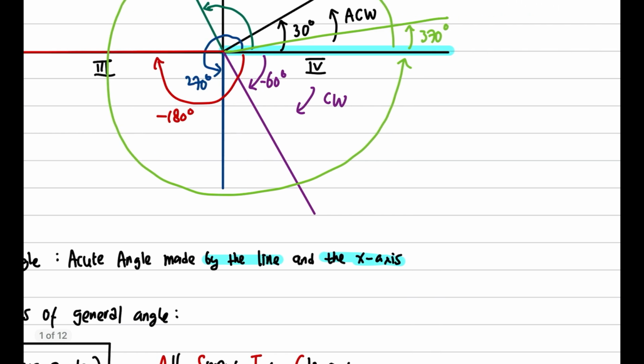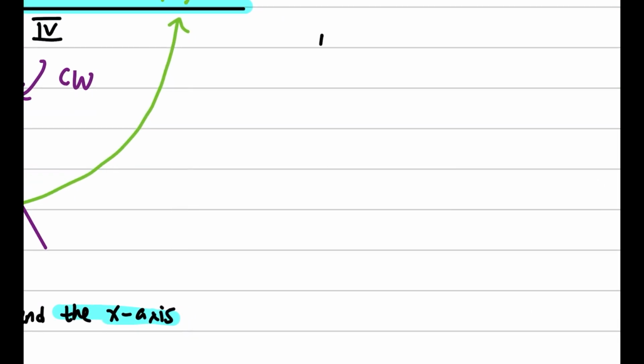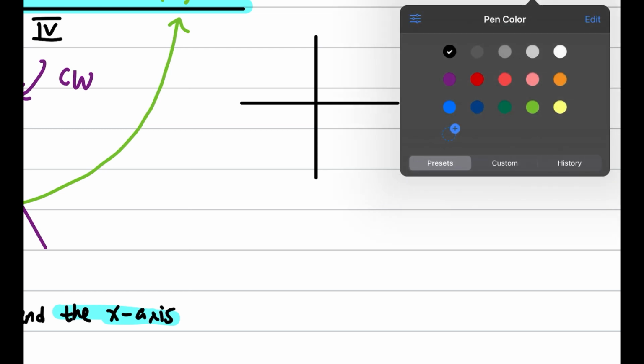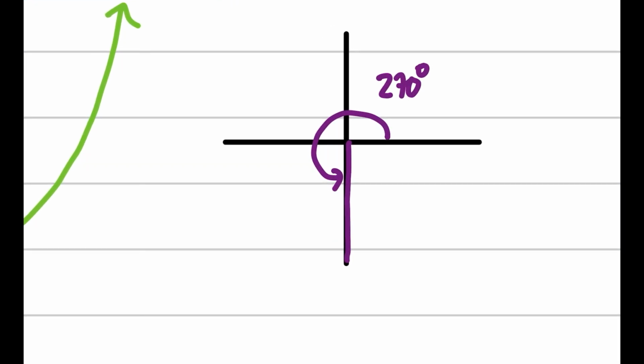Let's say I want to draw, for example, 270 degrees. So it goes this way. This is our line.